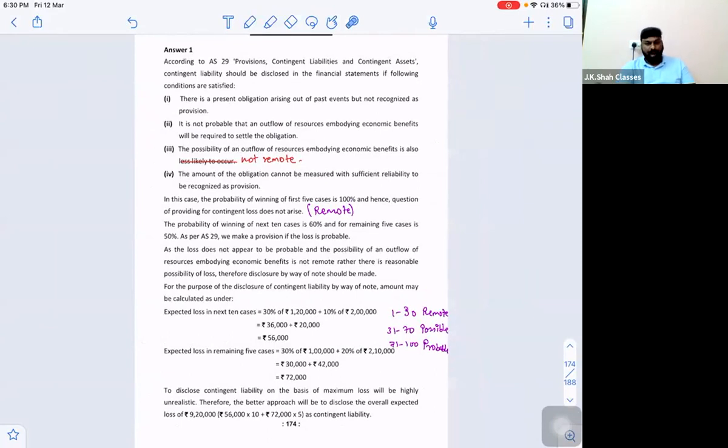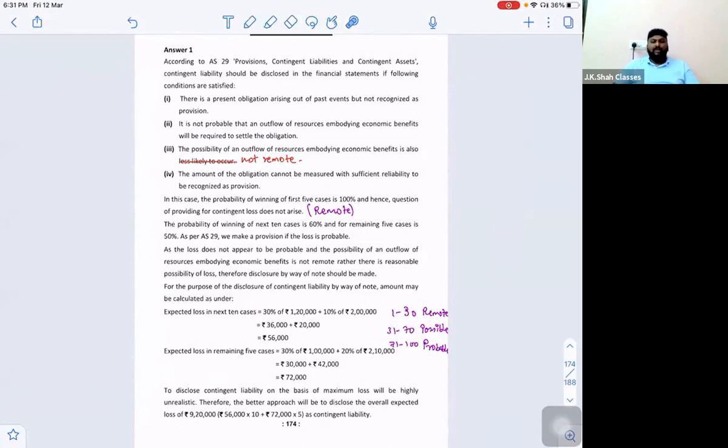Yes, Pratham. So what do you mean by maximum loss over here? Maximum loss means you add up both loss figures and then directly multiply by 10 cases and 5 cases. So in the first 10 cases, it will be 32 lakh rupees. Okay. So instead of choosing one of them, if we choose maximum loss, it'll be combining both the figures and doing it.